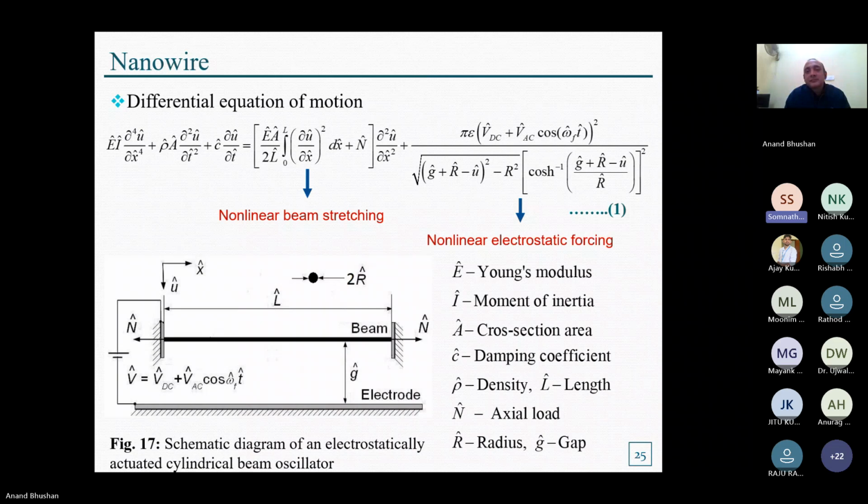I'll tell the audience that whatever the professor is talking about is done exactly for electro and magnetoactive materials, so there is a huge similarity. As you can see, he is talking about the pull-in instability. You'll find that the next speaker is also going to talk about the pull-in instability.